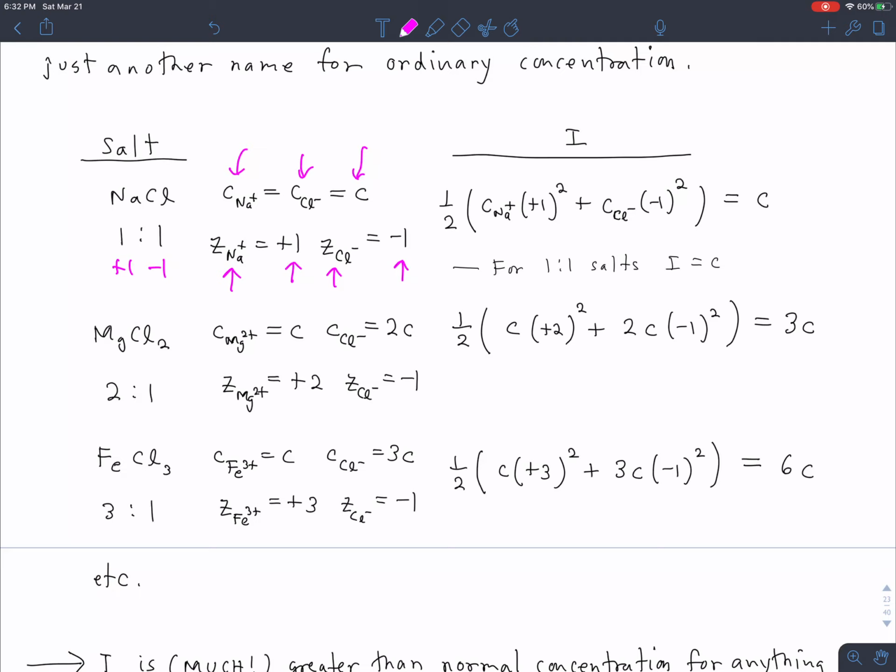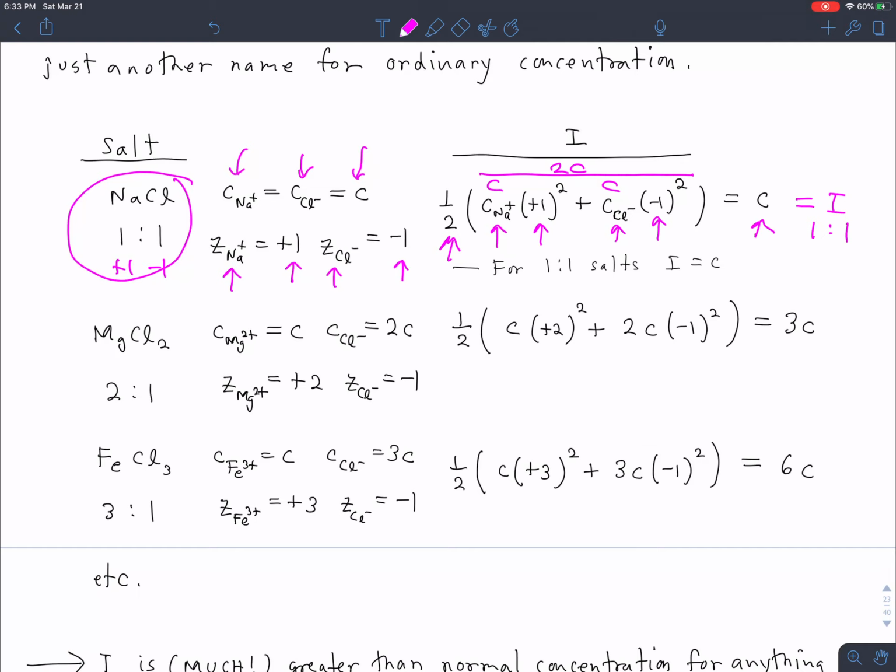So the sum has only two terms: the concentration of sodium ions times Z squared for sodium ions, plus the concentration of chloride ions times minus 1 squared for the Z of chloride ions. Both of these are just C, so all of this ends up being 2C, and you're dividing by 2, so it ends up being C. So for one-to-one salts like this, the ionic strength really is just the concentration. That's the one case where ionic strength really is just concentration.